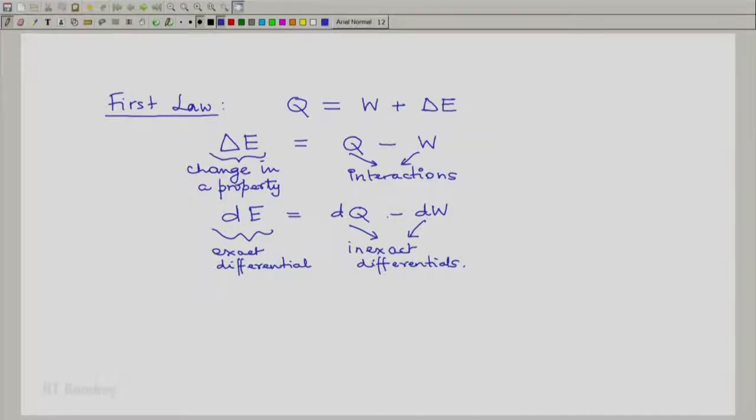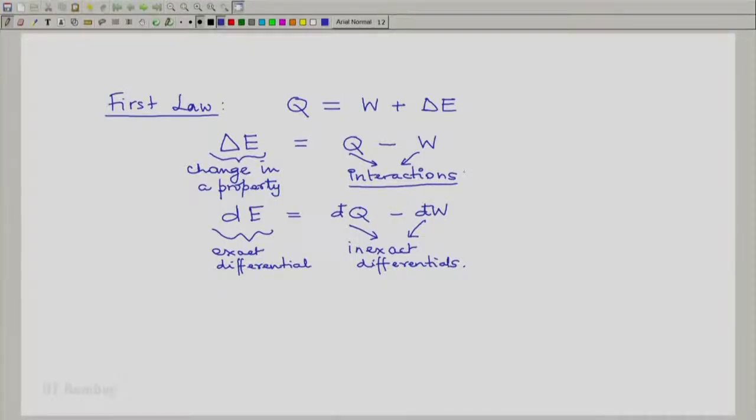This should be remembered. Because they are inexact differentials, we may sometimes cross the stems of the d or write them as d prime Q or d prime W. Whether we do that or not is unimportant. More important to remember is that they are inexact differentials, or that Q and W are interactions.